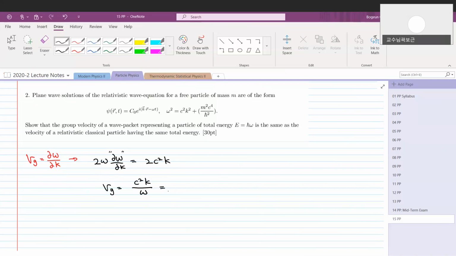Then c squared h bar k over h bar omega, and this is equal to c squared times the momentum of the particle p over the energy of the particle.